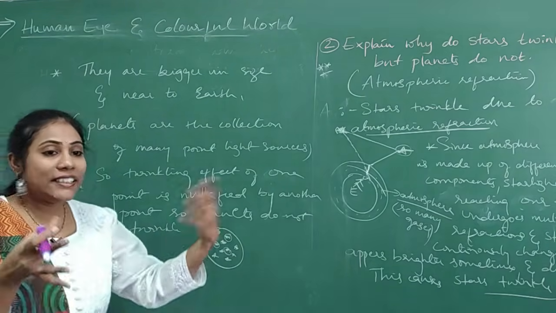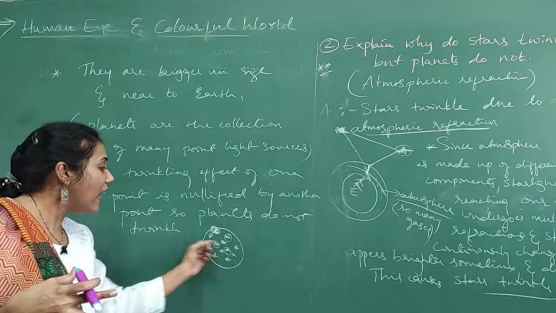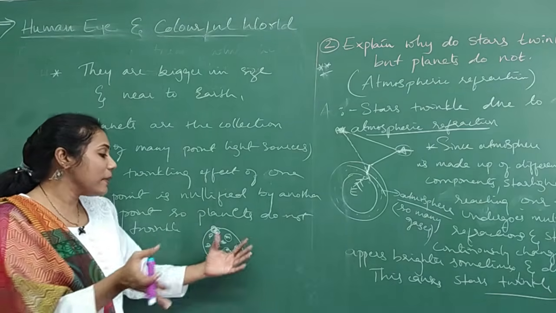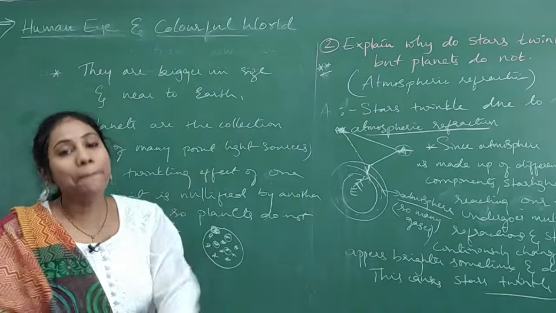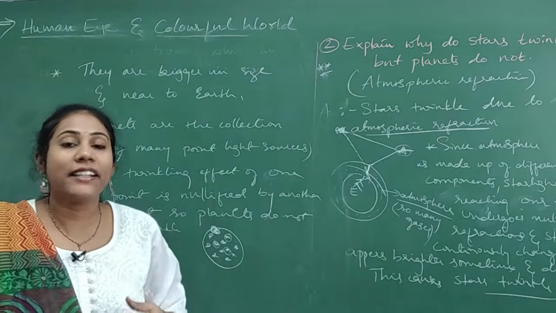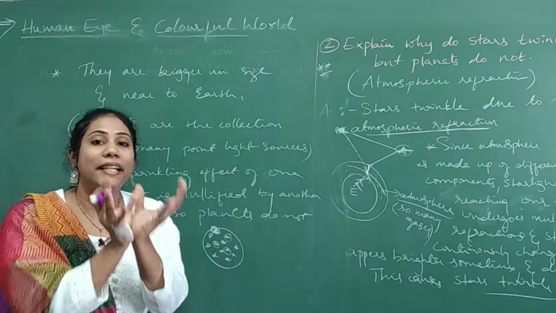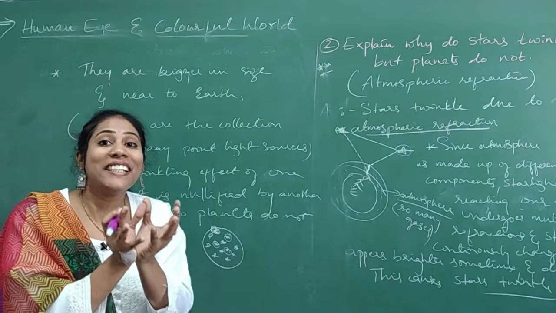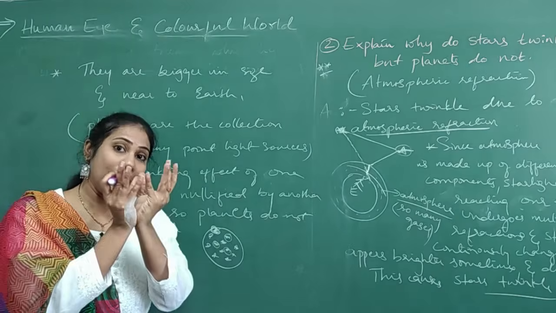Continuously, one or the other point would remain brighter, though the remaining ones have become dim. So you would observe the planet as a brighter one. You will not observe the planet becoming dimmer. You will always observe the planet being brightest.